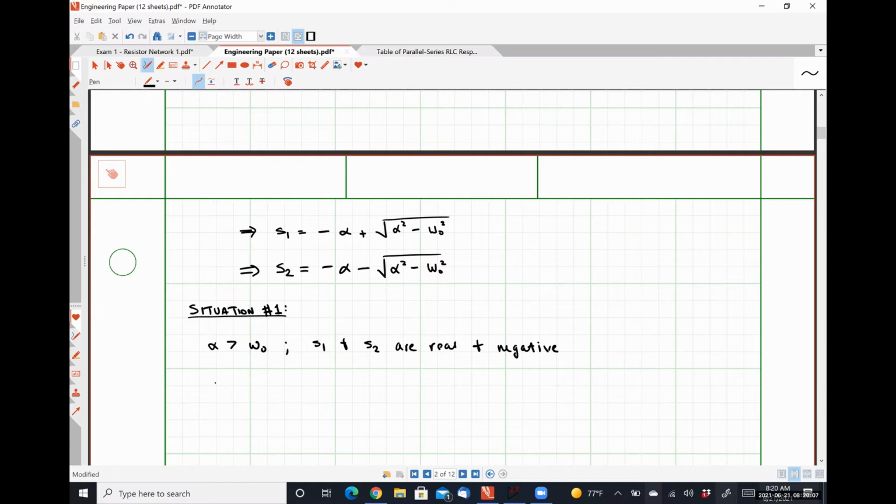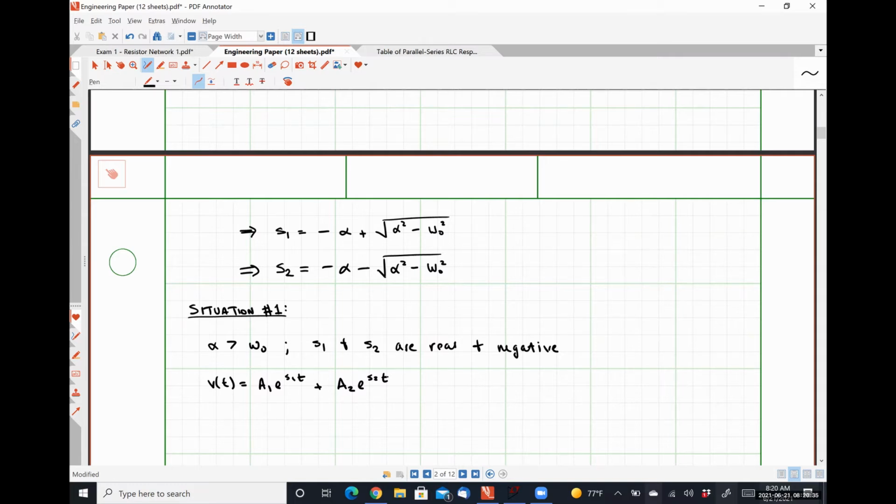And our voltage, in this case, v of t, will then be of the form A1 e to the S1 t plus A2 e to the S2 t. I have two different frequencies which cause this to decay to zero, and so I have to have two different coefficients to account for that.